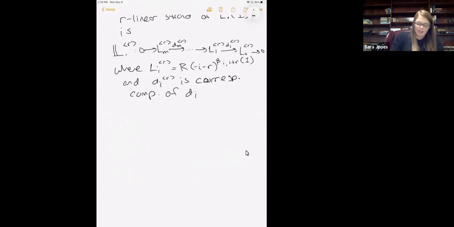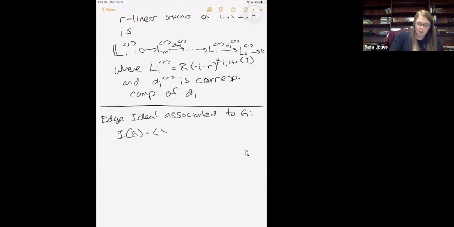And then the Alexander dual is the other piece we need. I'm actually going to define edge ideals formally first, though, because we're going to base our definition for the purpose of today's talk for Alexander dual based on an edge ideal. So first, let me define an edge ideal associated to G. So we denote it IG, and it is simply the ideal with generators XI and XJ, where XI, XJ are edges in the graph.